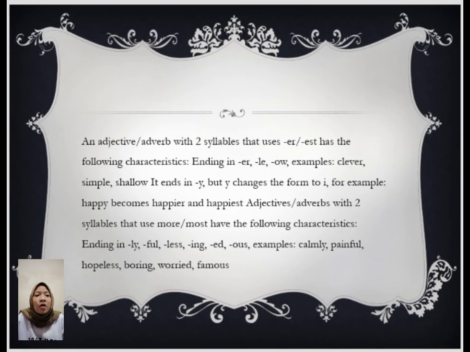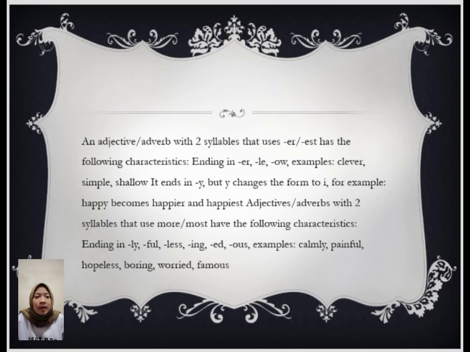An adjective or adverb with two syllables that uses er or est has the following characteristics: ending in le, er, ow, or y. Examples: clever, simple, shallow. If it ends in y, change the y to i.